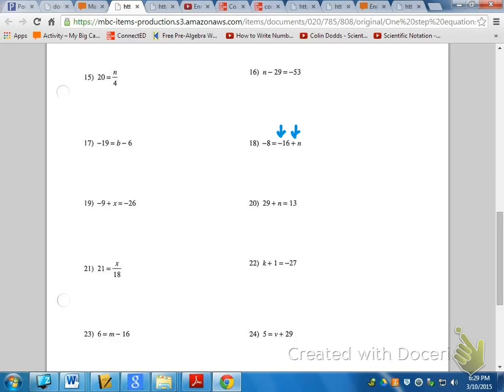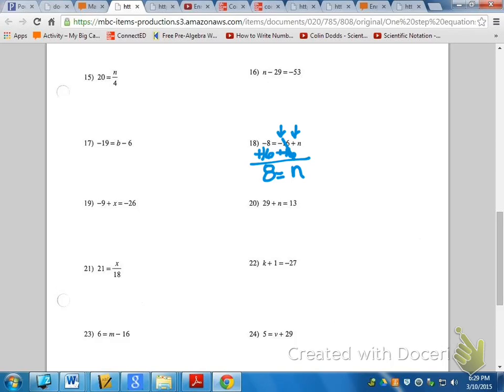To get negative 16 to disappear, I'm going to have to add 16 to both sides. I'm in the hole $8 and I just earned 16. That means I came up out of the hole and I have positive 8. My negative 16 and plus 16 wipe each other away, and then I'm left with a positive n. So 8 equals n. And that's what I would have to do to solve in a situation like that.